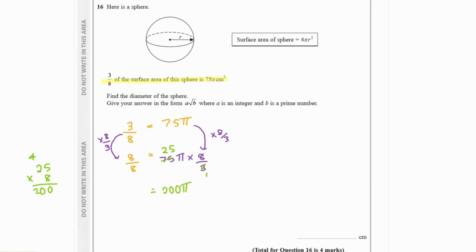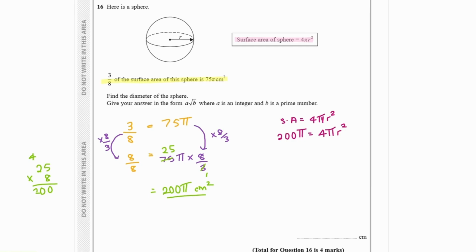The question is asking us to find the diameter of the sphere, and we now have the whole surface area of the sphere, so we can use this formula that we've been given to substitute whatever values we know. So first, we know that the total surface area is equal to 200 pi, so we can substitute that underneath surface area. 200 pi would be equal to 4 pi r squared.